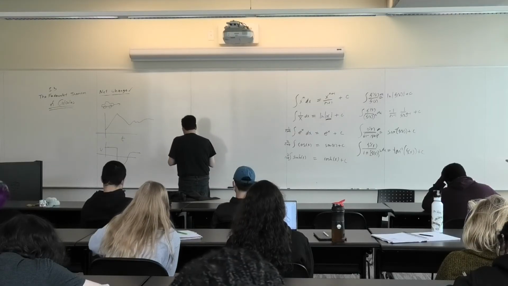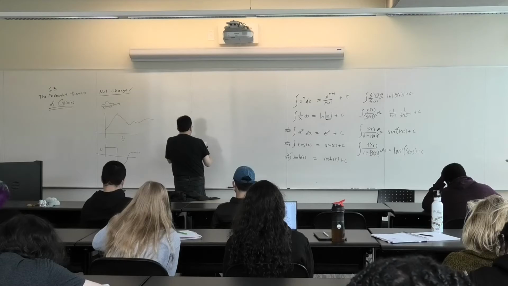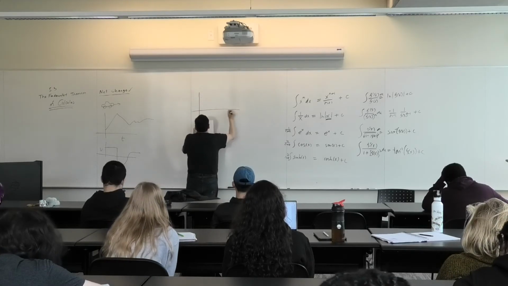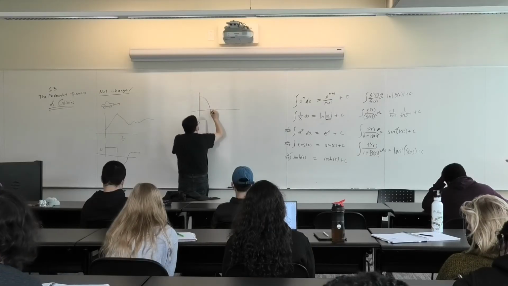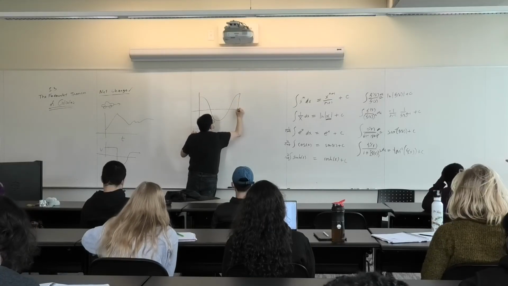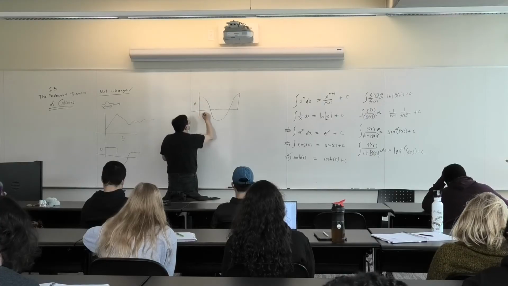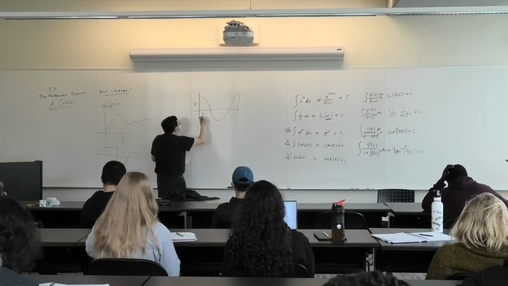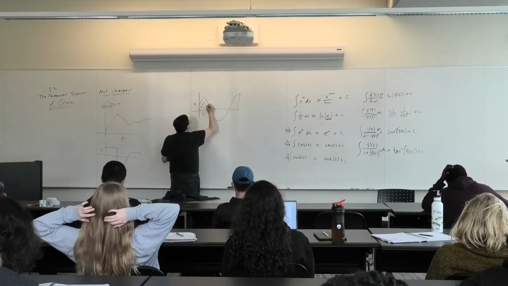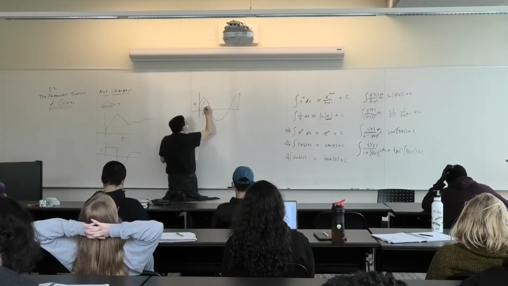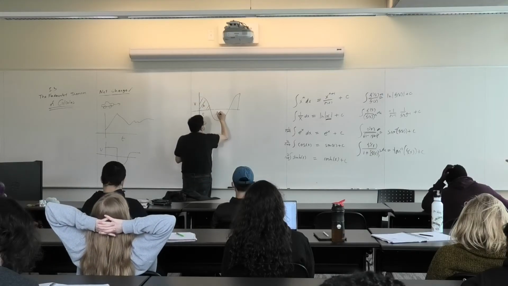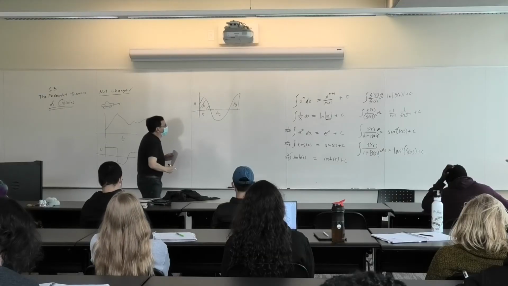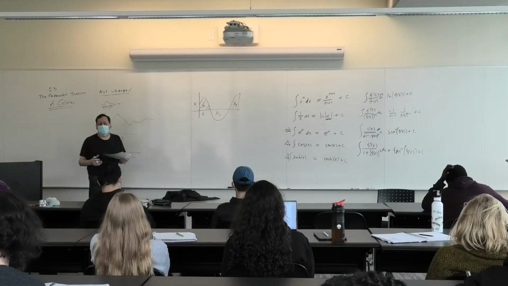If I were to plot my velocity as such, over time. Well, I have 3 distinct areas here, area 1, area 2, and area 3, which represent distances traveled.